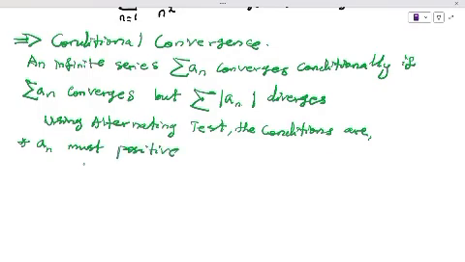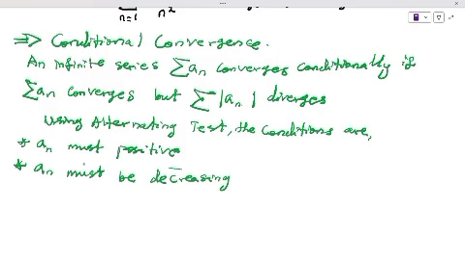That's the first part. Second, an must be decreasing. As you move from one term to another, term an plus 1 must be lesser than term an. So an must be decreasing.